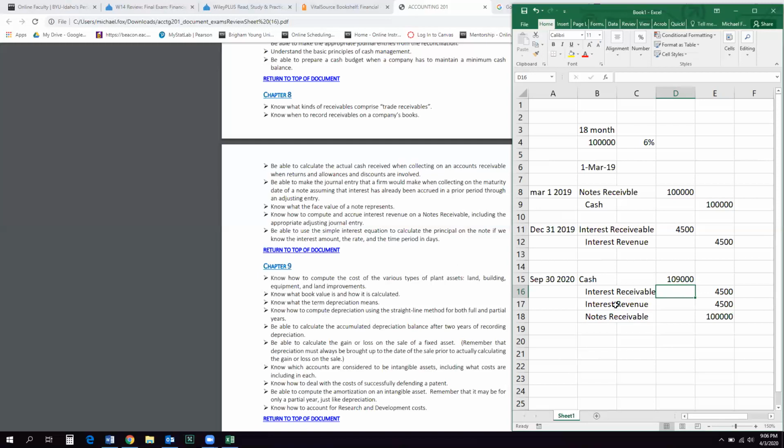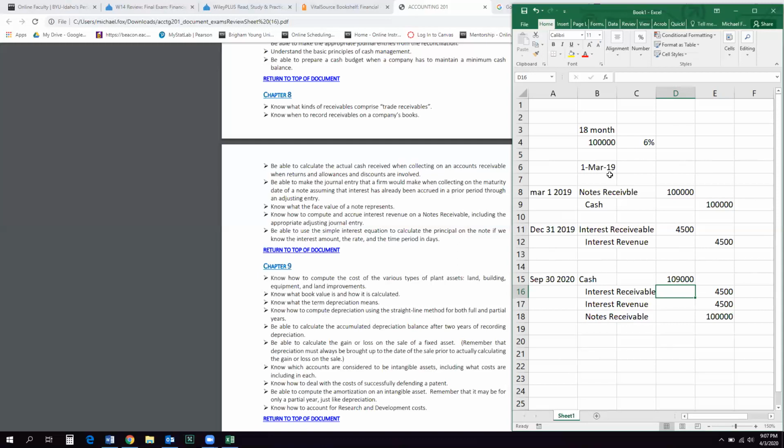So what they're saying is you have to know how, given this information, to calculate or to do this journal entry right here. So you have to know what journal entries happened before. And I think that's what's really hard for people, recognizing, oh wait, at December 31st of 2019, they would have had to accrue that interest revenue.